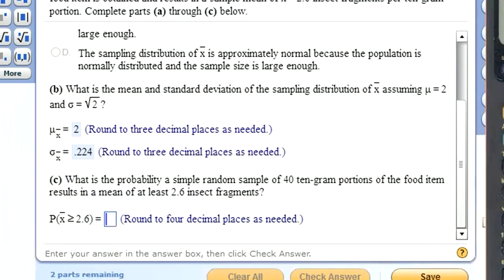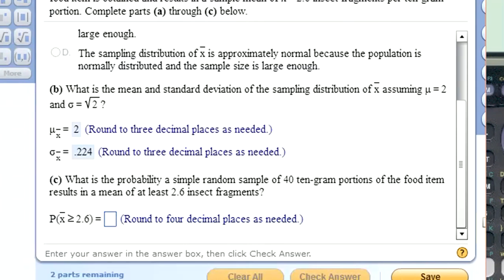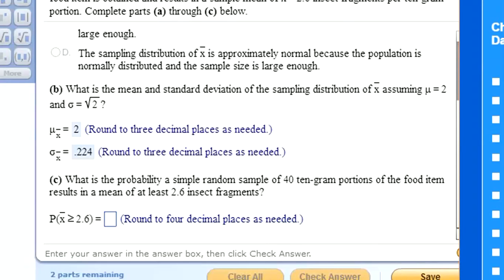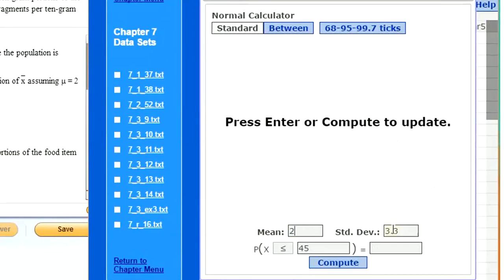Okay, now this is coming from the central limit theorem, but what we can do now is put this into our probability calculator. If we have a mean of 2 for this distribution and a standard deviation of 0.224, we can calculate these probabilities.